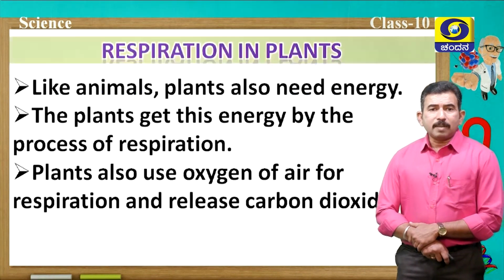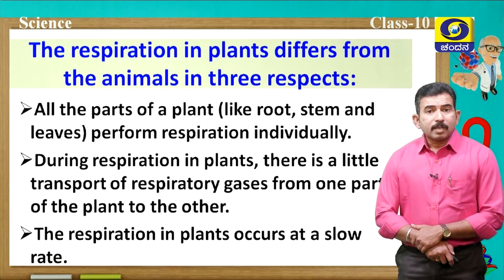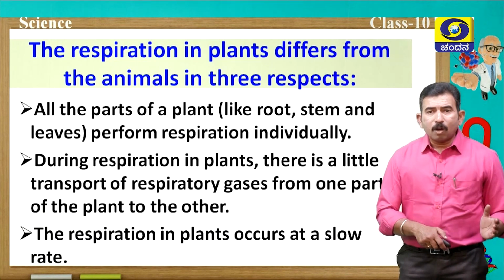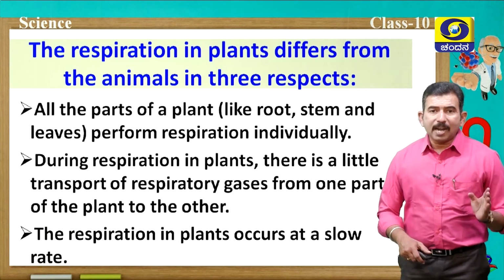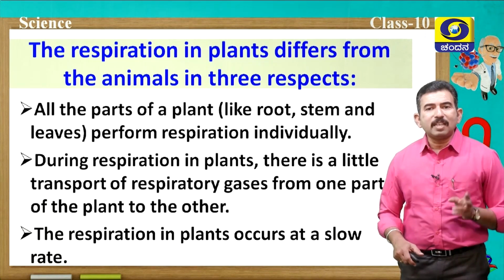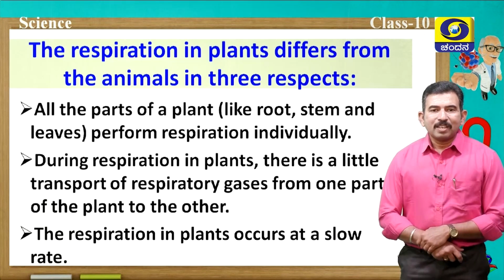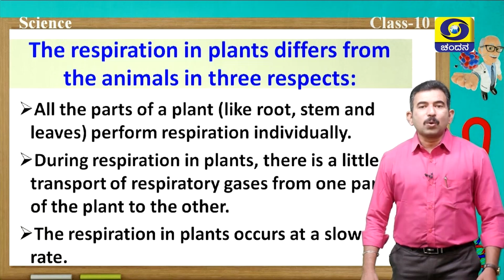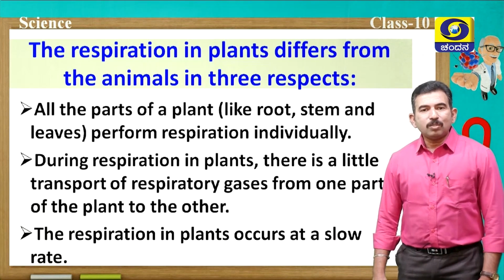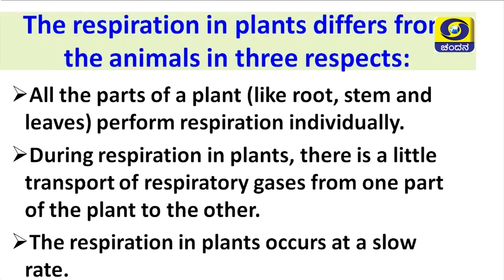Let us study the difference between the respiration of plants and the respiration of animals. The respiration in plants differs from animals mainly in 3 aspects. You can see here that all the parts of the plants like roots, stem, and leaves perform respiration individually.